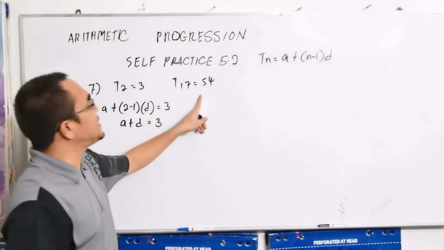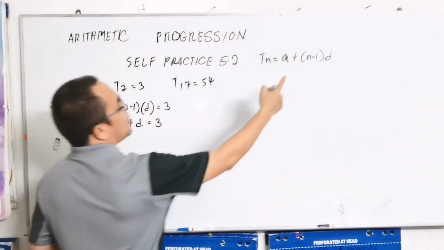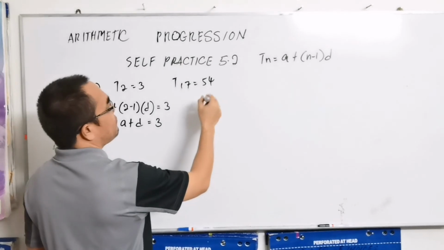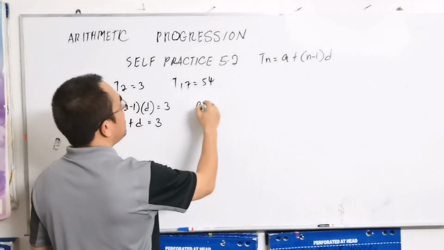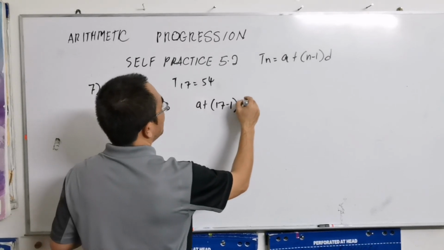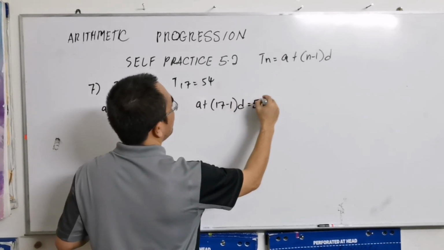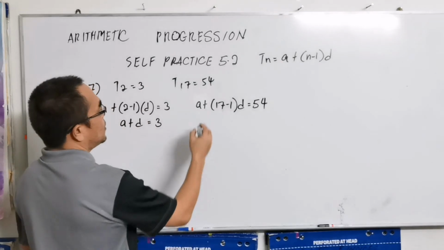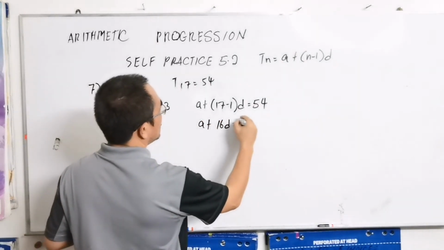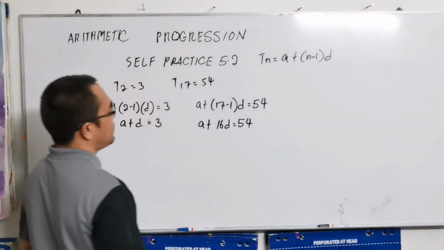Then T17, so the value of N will be 17. T17 is 54. So A plus 17 minus 1 times D equals 54. So A plus 16D equals 54.